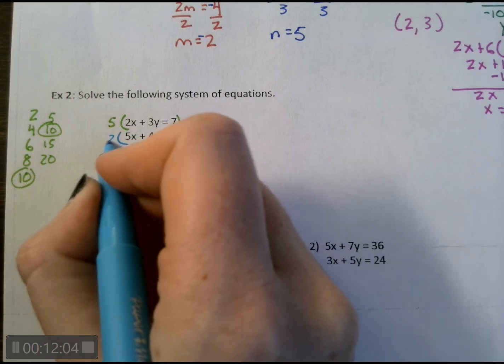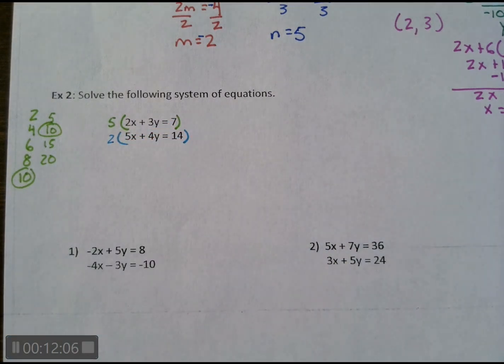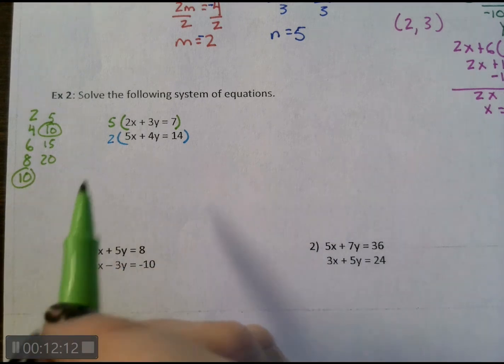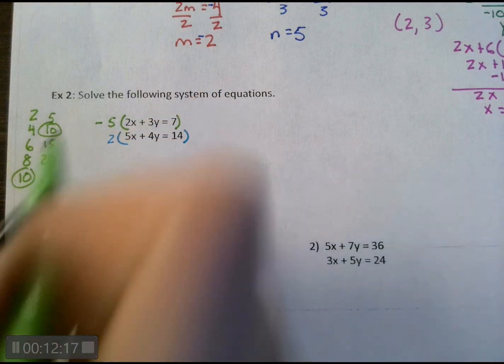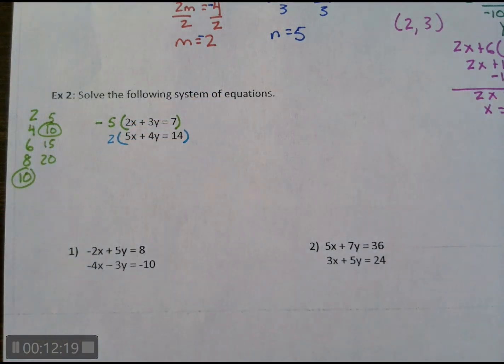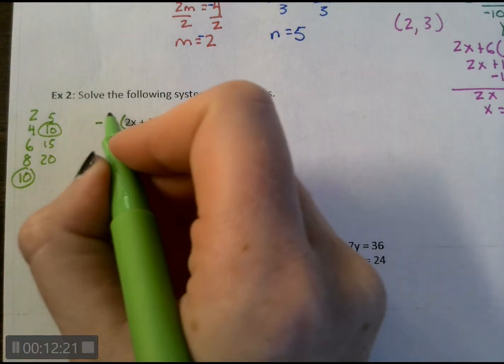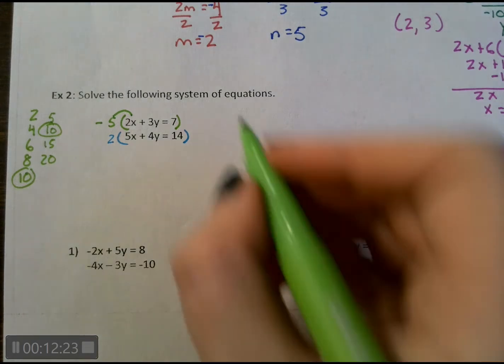So I'm going to multiply it by 2. Now remember, one of our numbers has to be negative. And it does not matter which one you choose, so long as you choose one of them. So I'm going to choose negative 5.